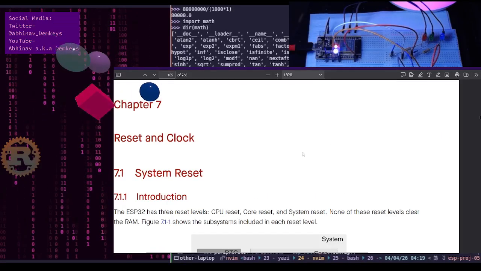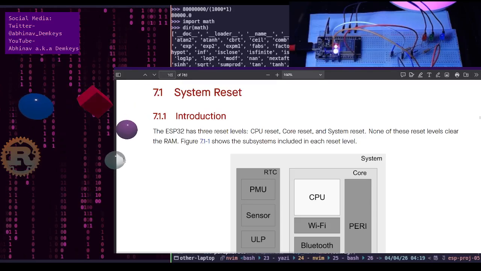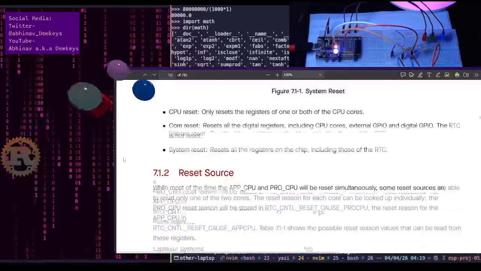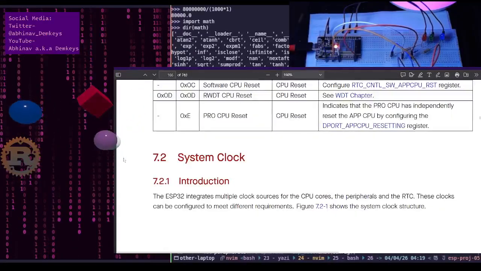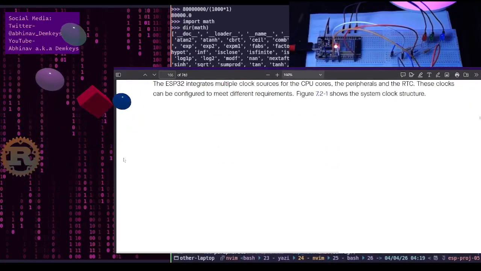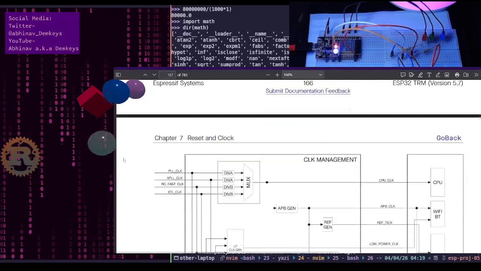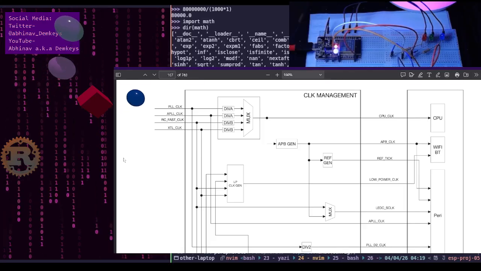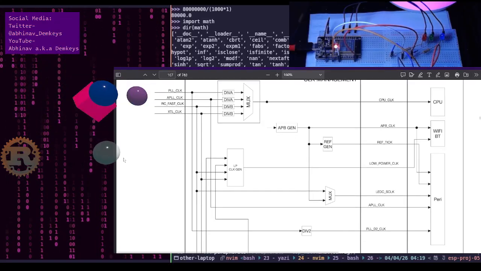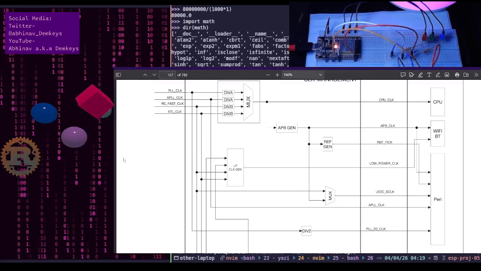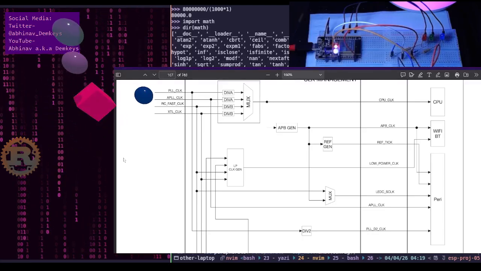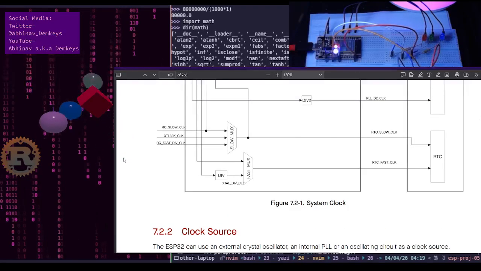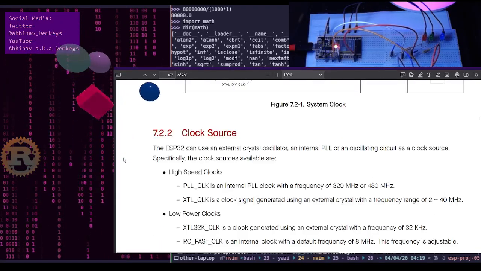Okay, let's take a look at reset and clock. System clock. I'm trying to look for words that I know. I think the APB clock is what we were looking at. Hold on.